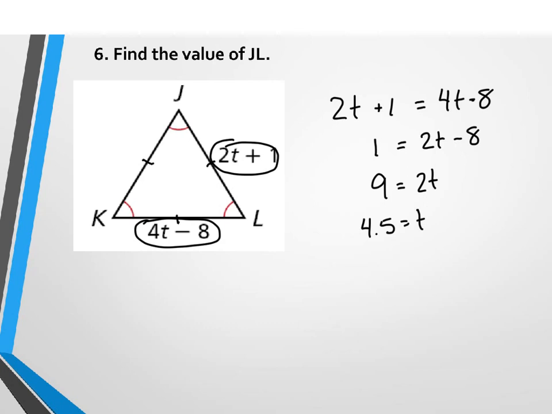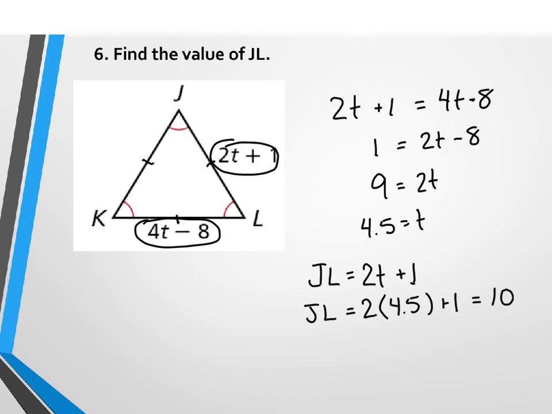Now, we're not asked to find t, remember, we're asked to find the measurement of JL. Well, JL is equal to 2t plus 1. And t is 4.5, so 2 times 4.5 plus 1 is equal to 10. So there we go. JL is equal to 10.